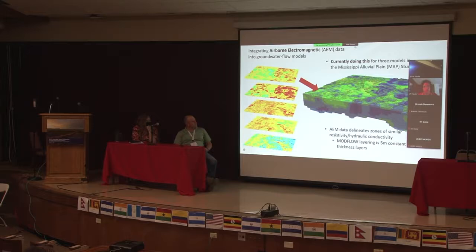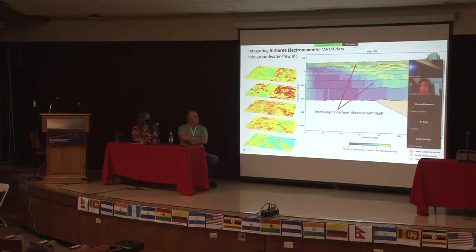This is just 5 meter constant thickness, and each different color represents a different resistivity, which correlates to hydraulic conductivity, and that's not a trivial thing in and of itself. But this allows us to preserve the detail from the AEM data in the modeling, and makes for a more accurate characterization of the subsurface and the groundwater flow system, which is one of the salient points that we try to strive for in our models.